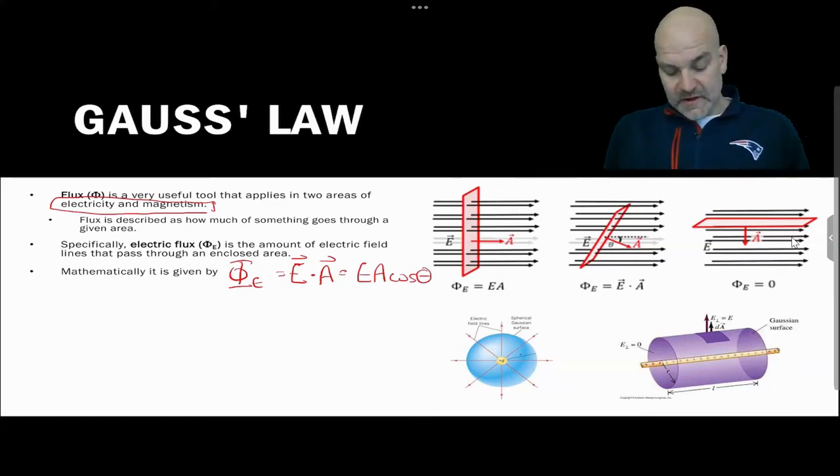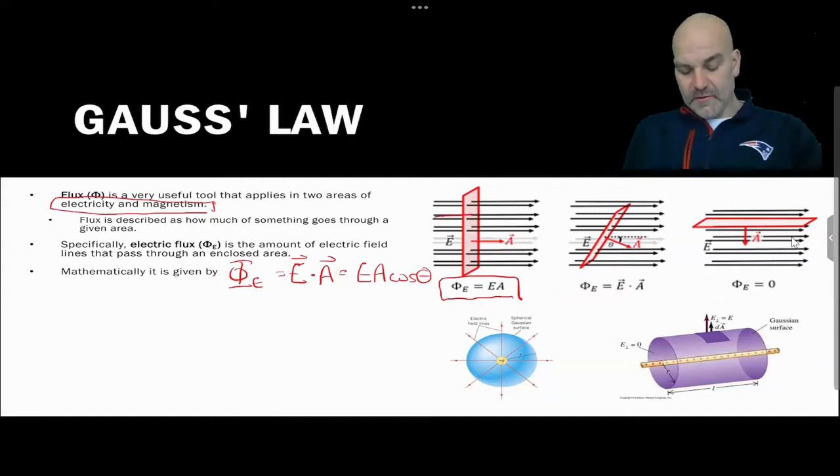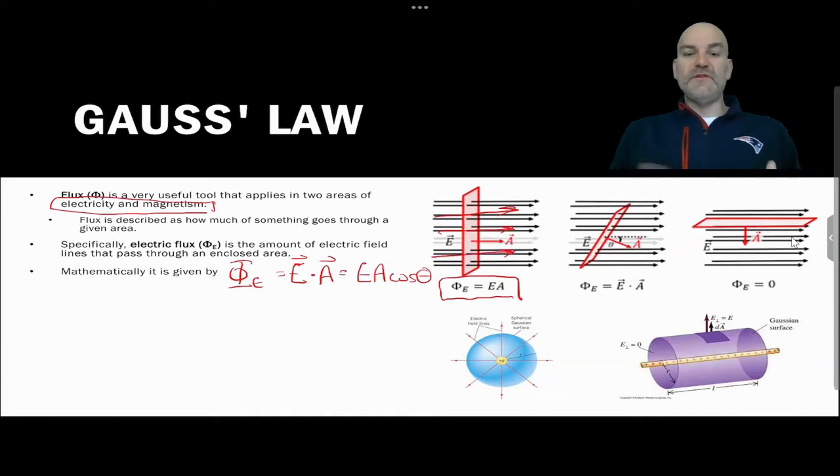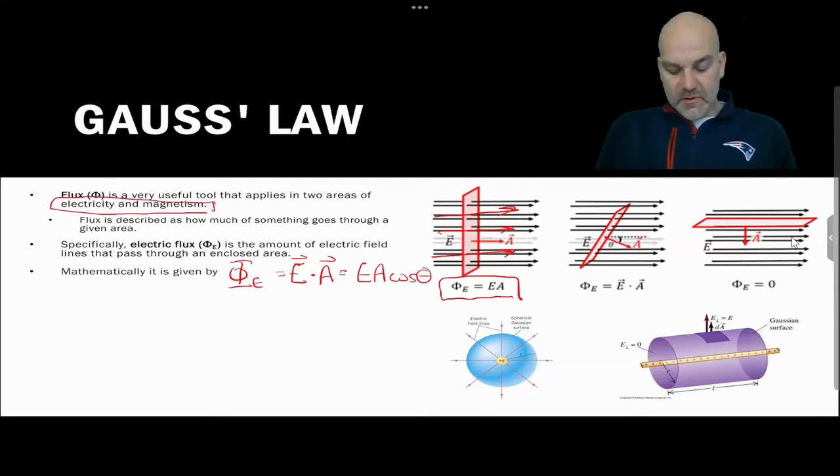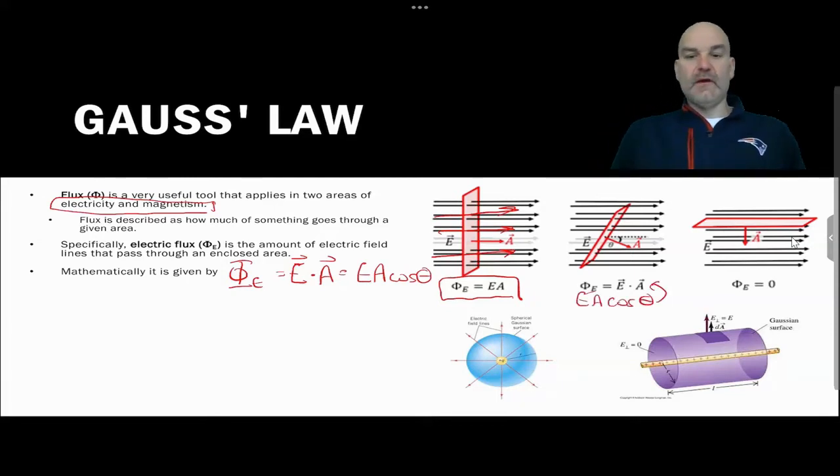You can see here in this first picture, the flux would be E times A because the electric field is passing through that area, which is open to the field for it to come through. In the next part of the picture, you have E dot A, and that's where the EA cosine theta part of the equation comes into play.